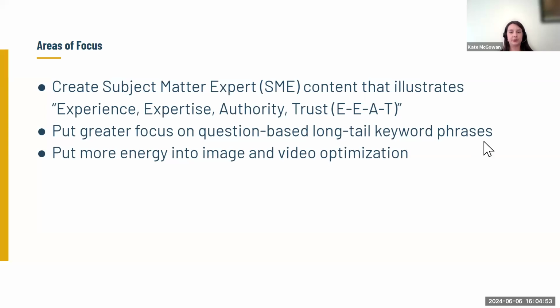A couple of areas of focus in optimizing content for AI overviews, and in the future of AI-powered search engines across brands and platforms, not just Google, are creating subject matter expert content that illustrates expertise, experience, authority, and trust, which is an older SEO concept; putting greater focus on question-based long tail keyword phrases in your content strategy; and finally, putting more energy into image and video optimization.